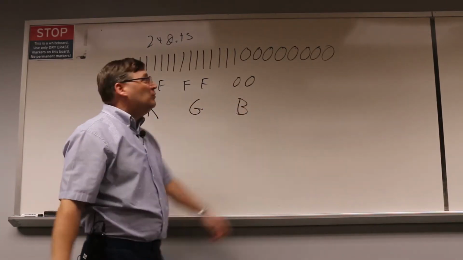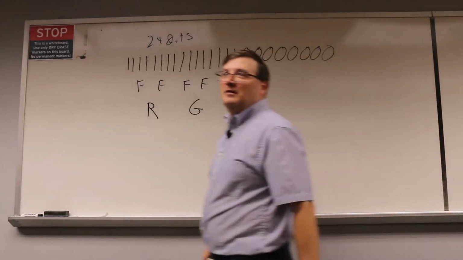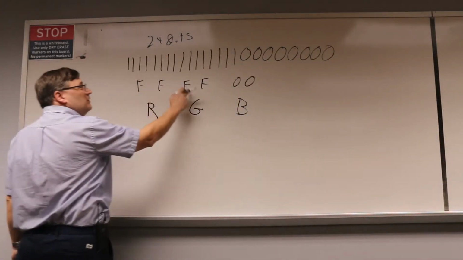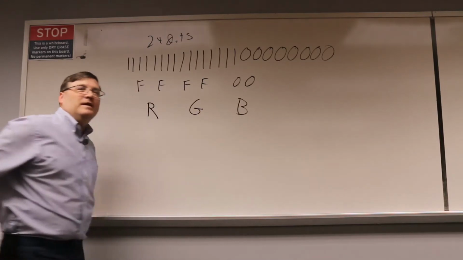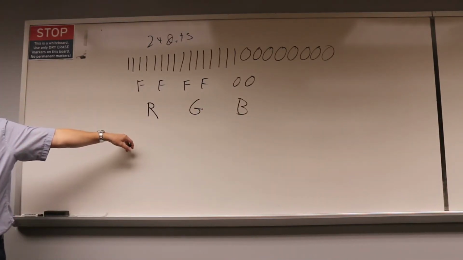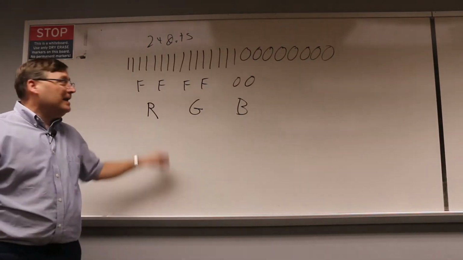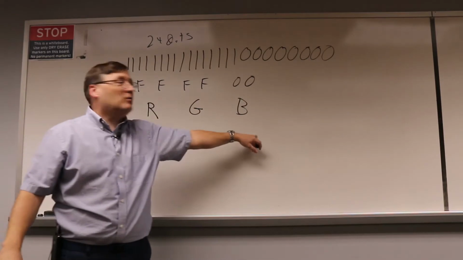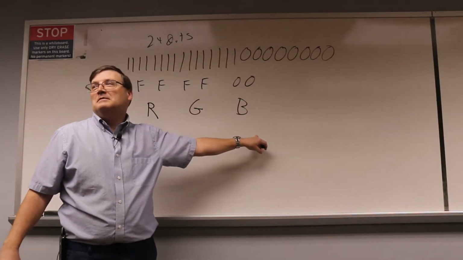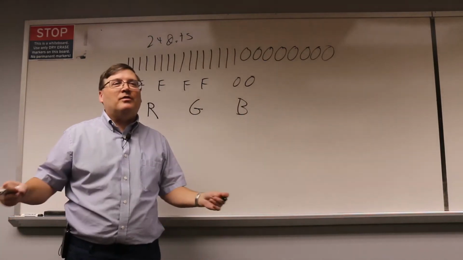if I said this was an HTML color, and this was red, this was green, and this was blue, the intensity of each one, what color would this be? Red. No. It's 100% red, 100% green, and 0% blue. I tell you, most of these classes stop at 3rd grade. If you got through 3rd grade, you're good.